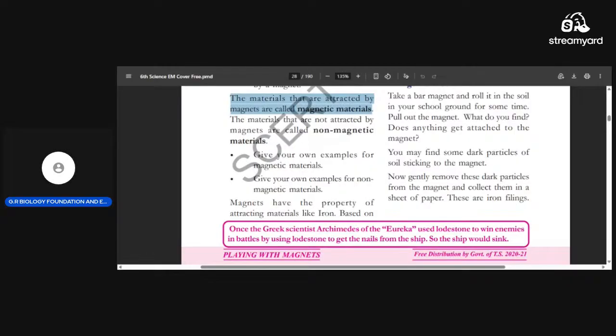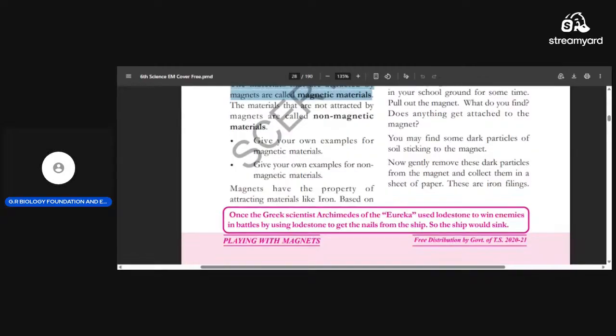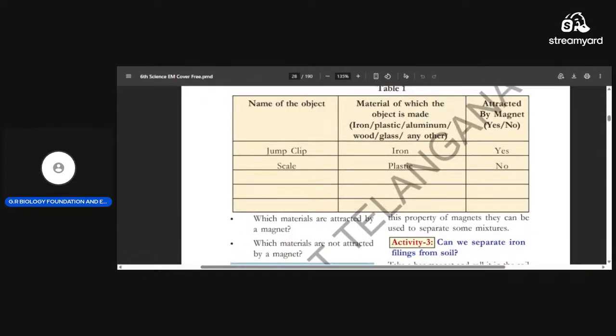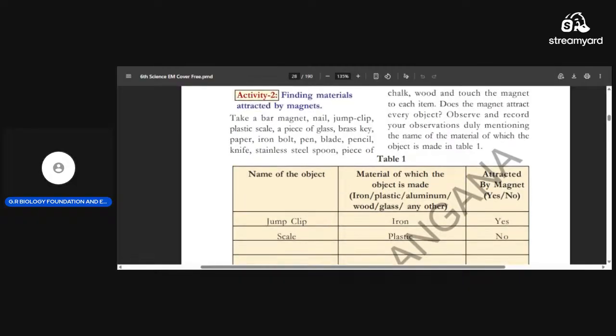Next, we are going to discuss magnets. Magnets have the property of attracting materials like iron. So a magnet has the capability to attract only magnetic materials. Okay.